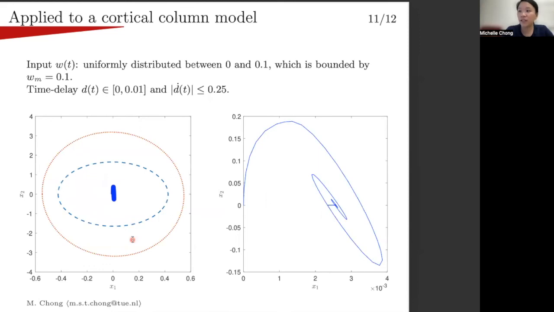We can now apply our results to a particular example. We'll use the cortical column model that we spoke about a few slides ago. This particular cortical column model has two neuronal populations whose electrical activity is captured by the state X1 and the state X2.